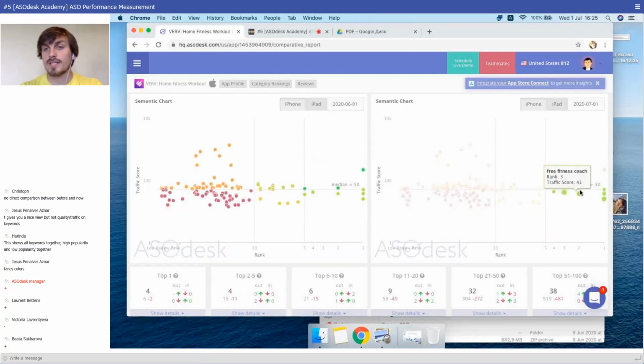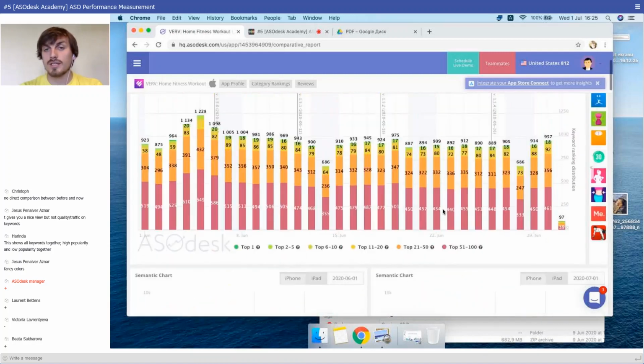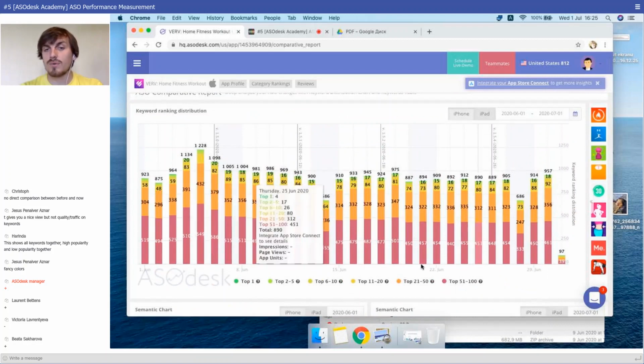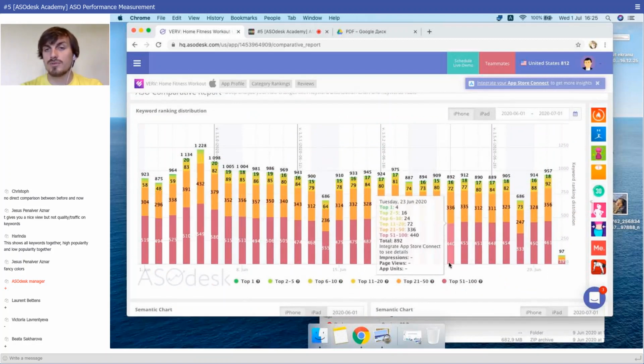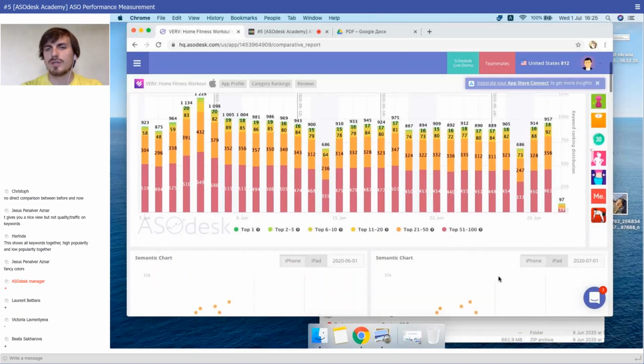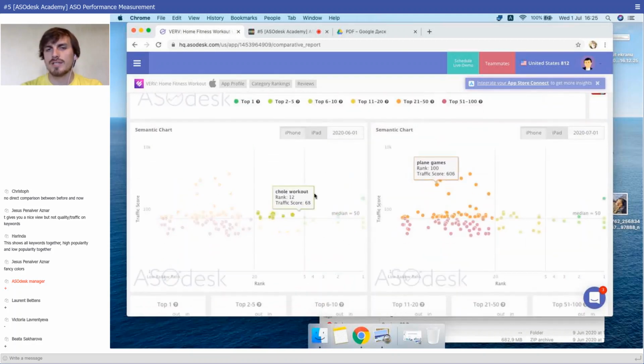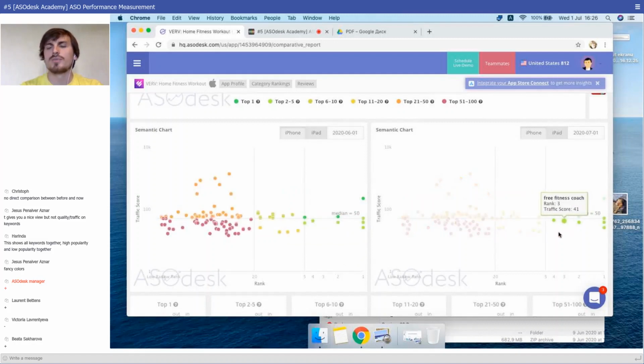So yeah, as I've said, now thanks to Semantic Chart, we've got some ideas when analyzing keyword ranking distribution, but this was a super general understanding of what Verve in the United States were doing on the App Store. And here, by analyzing at least one visibility zone, we see that they replaced some keywords from the best visibility zone with another keyword.